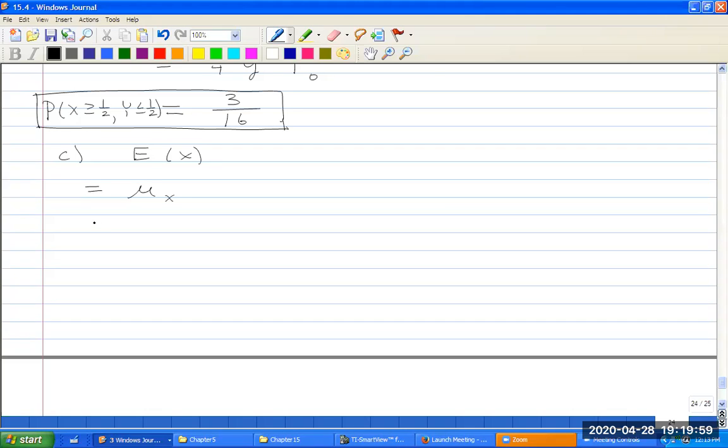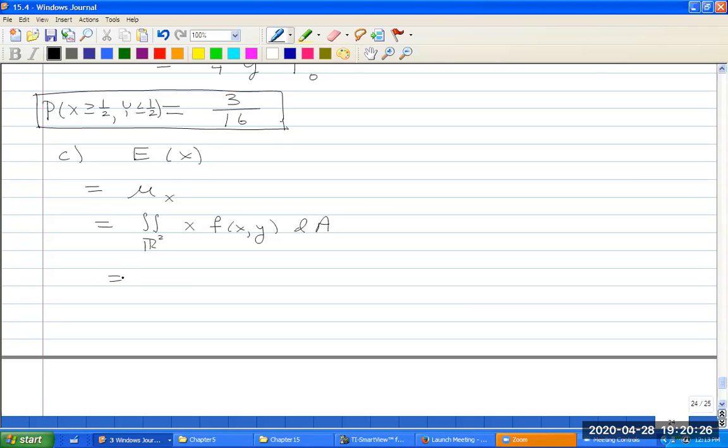And so this is equal to the integral over R2 of x f(x,y) dA.